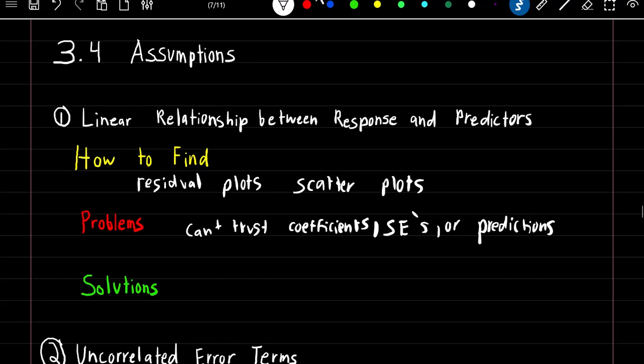And how would you fix this? You can add either polynomial terms or some type of transformation to your independent variables.